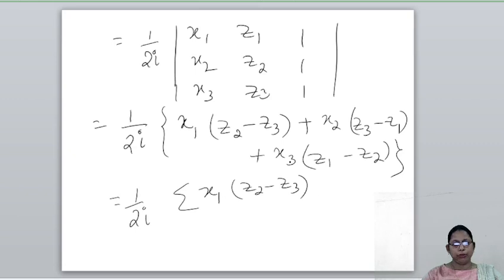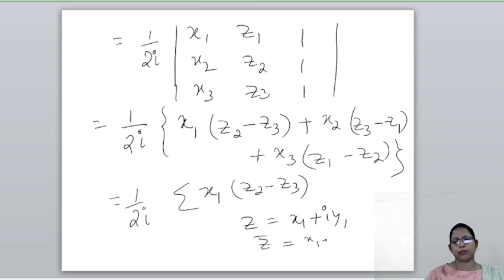Next, we know that if z equal to x1 plus i y1, then z conjugate will be x1 minus i y1, so that x1 is z plus z conjugate by 2.